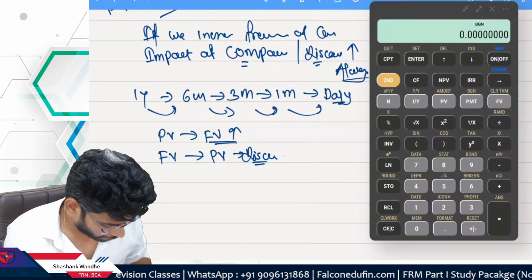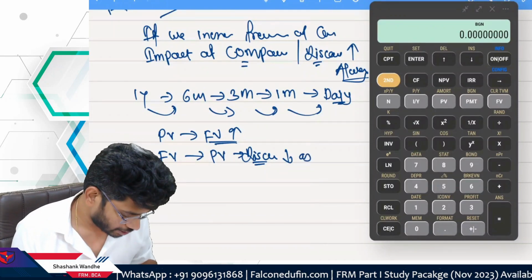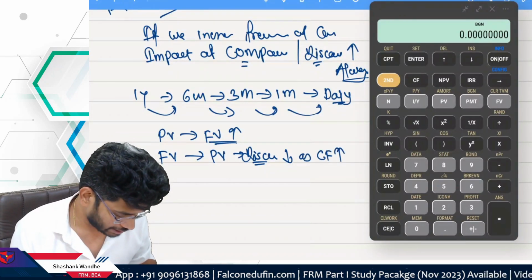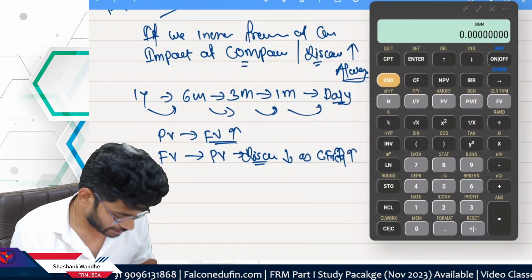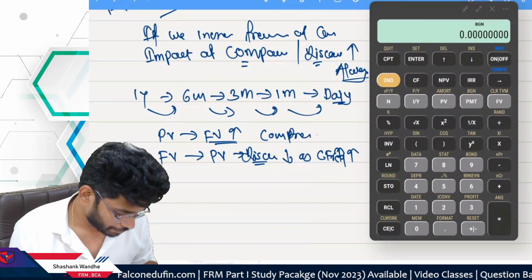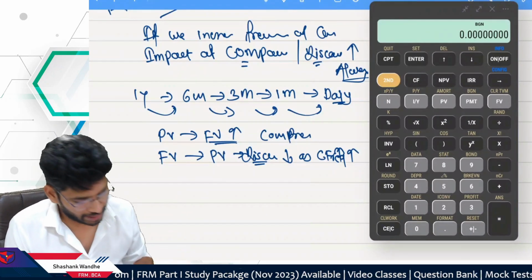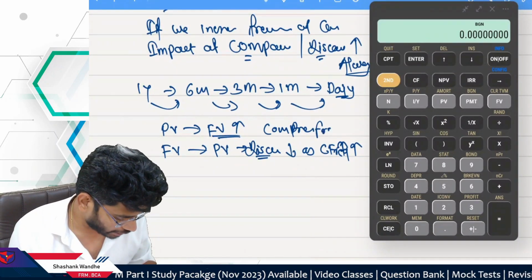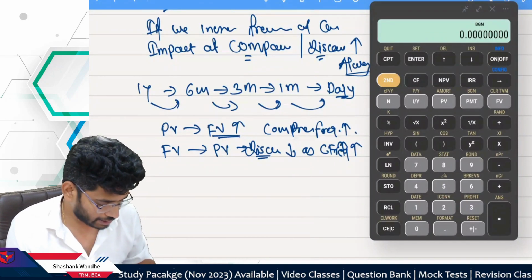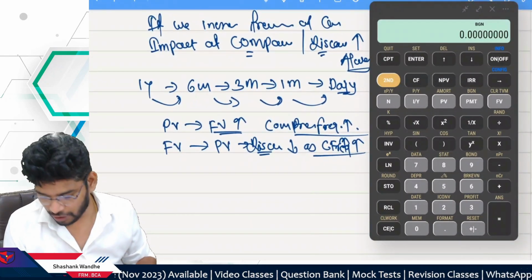Your present value will be lower and lower as the compounding frequency increases. And when you are taking present to future value, your future value will keep increasing as the compounding frequency increases. Okay, so this is all about the time value of money revision.